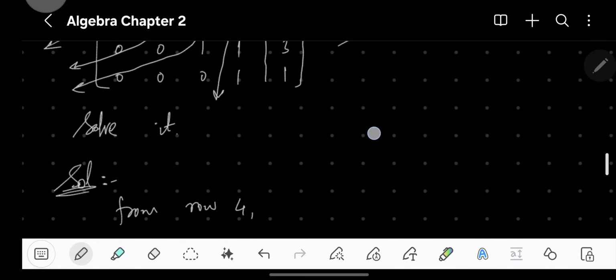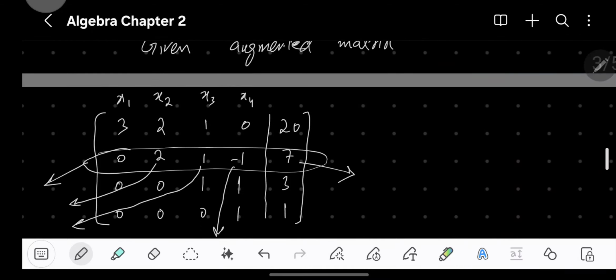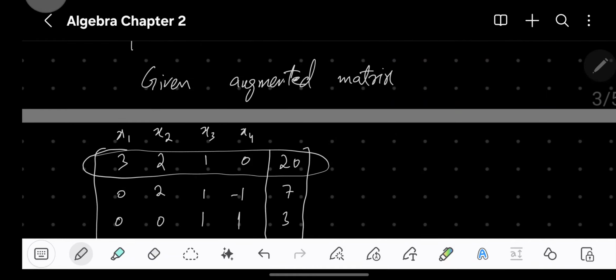Now I am able to compare the first row, which is 3 times x1, 2 times x2, 1 times x3, 0 times x4 is equal to 20.